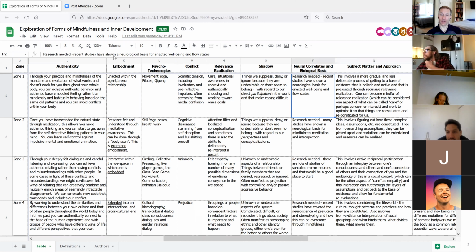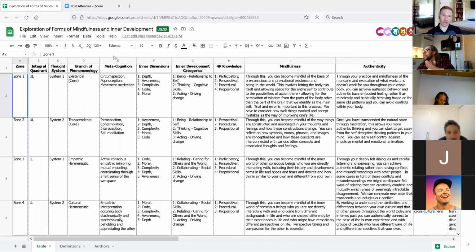The way that he has it, though, if you look at his 8 zone model, and again, we're just looking at the first 4, he doesn't have it the same exact way, but his zone 3 and zone 4 are pretty close to what I have here. There's a difference, though, in his zone 1 and zone 2, because he has zone 1 as phenomenology and zone 2 as structuralism for some reason. I don't know why. So I'm offering this as a little bit of an improvement over that.